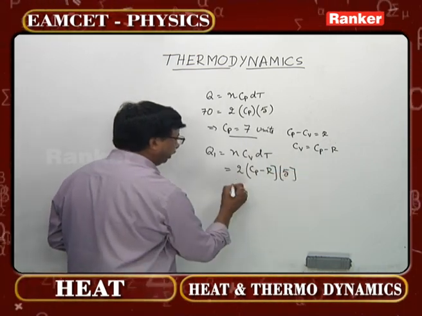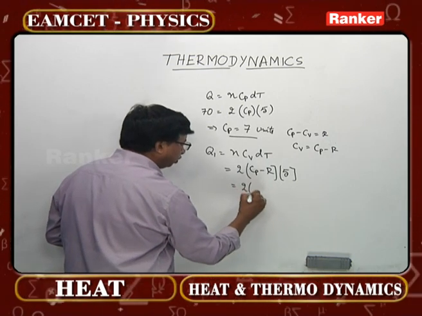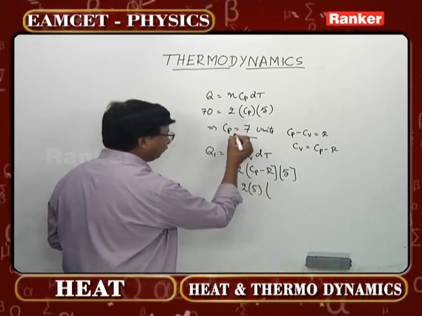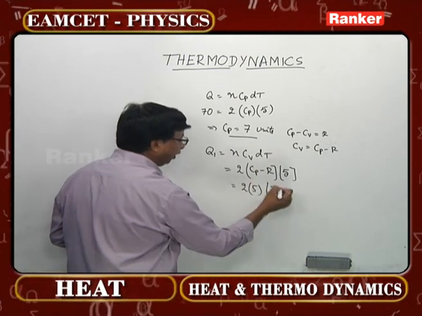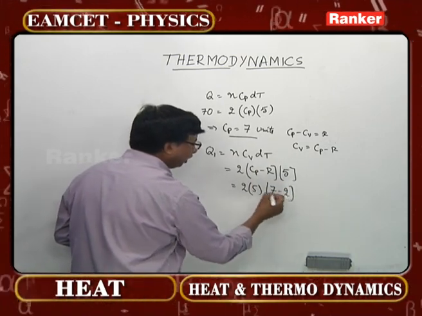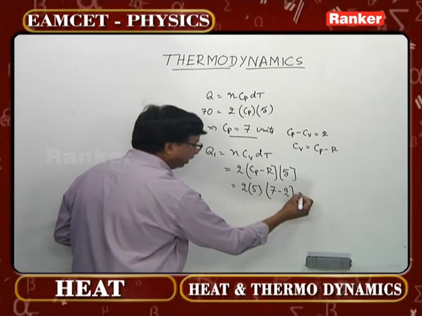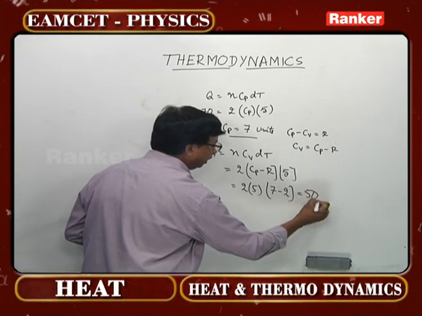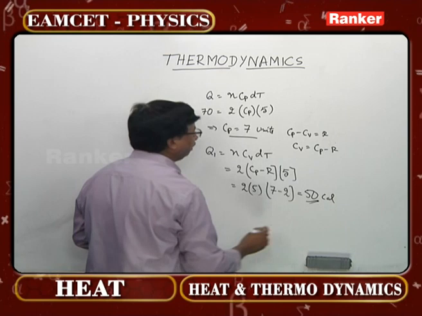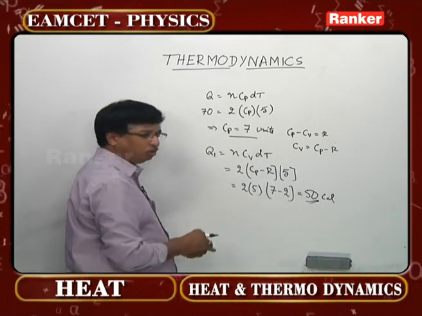It is 5 only. But you know very well, 2 into 5 here. What is Cp? 7. What is the value of R in CGS? 2. Then what is the difference here? 5 into 5 is 25, times 2, which now will be 50. So how many calories of heat is required at constant volume for us?